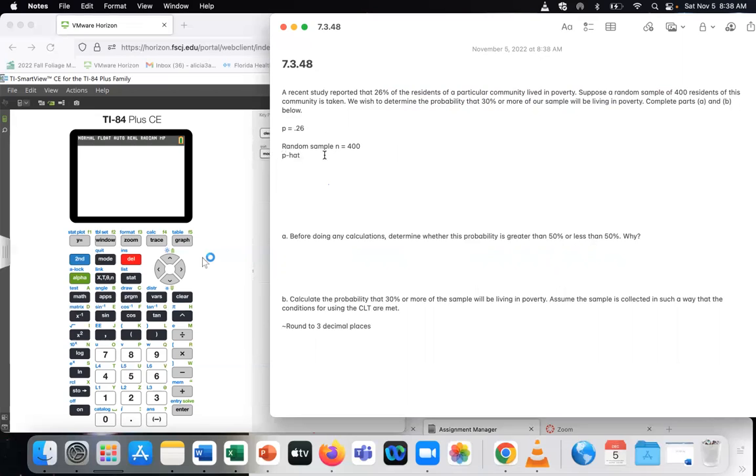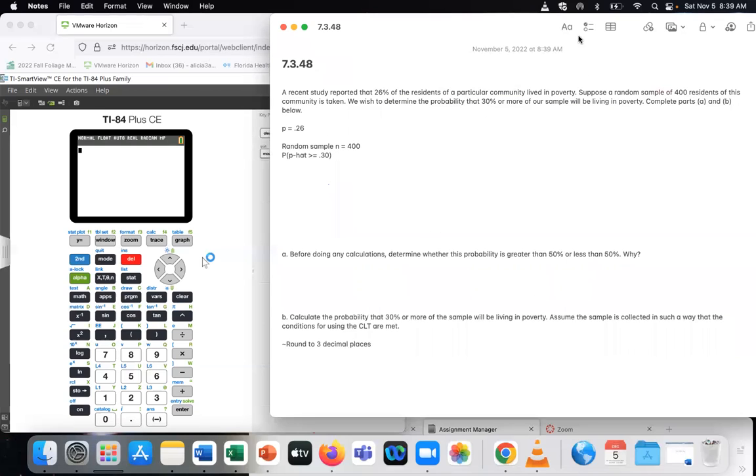And we're being asked to determine the probability that the p hat value is 30% or more, so that it is greater than or equal to 0.30. Okay, but we're actually being asked to find the probability of that occurring.